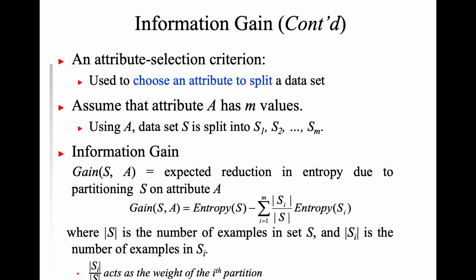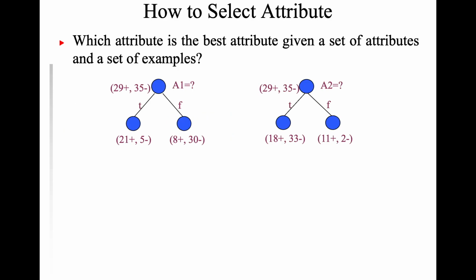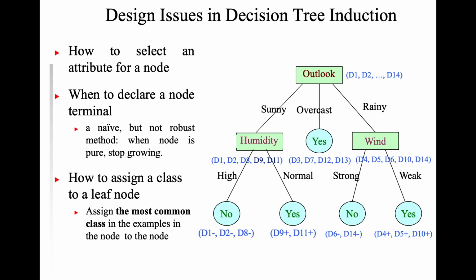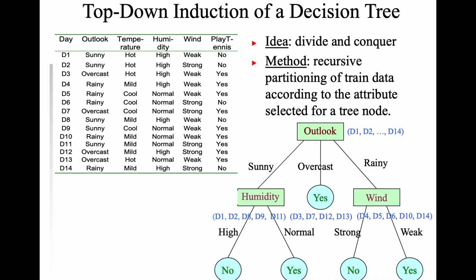For example, if the attribute is temperature, so look back to our example, what is M? It's 3, because it's either hot or mild or cool, right? So we have 3 values, and the same for other features.